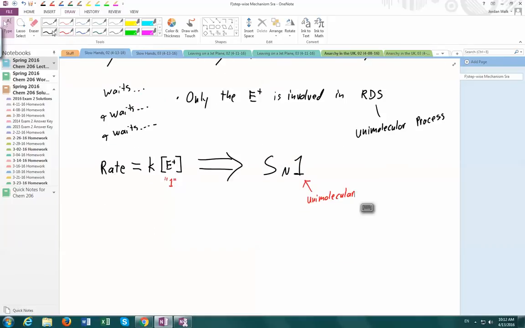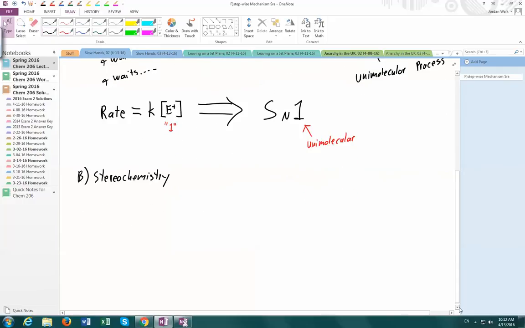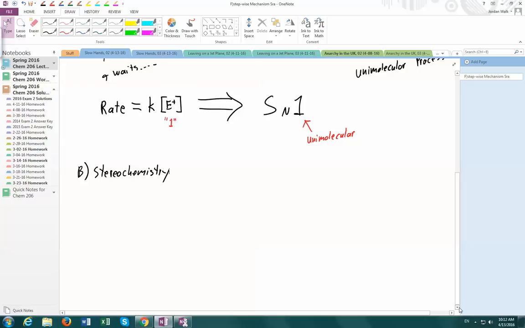All right, so letter B will again be stereochemistry. So I think we'll start with a very similar looking substrate as we did last time. So let's say we'll have an ethyl group, bromine, propyl, and methyl.